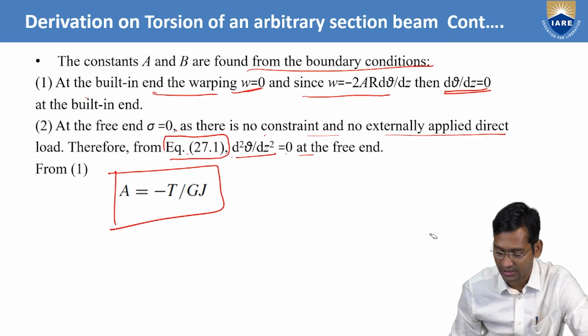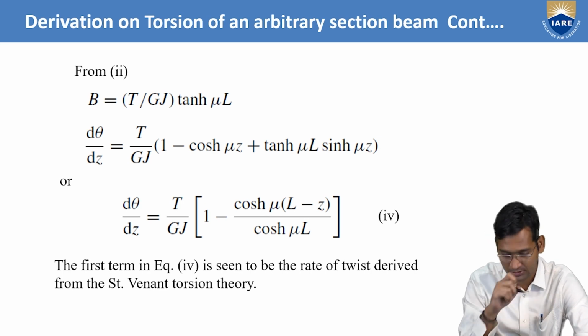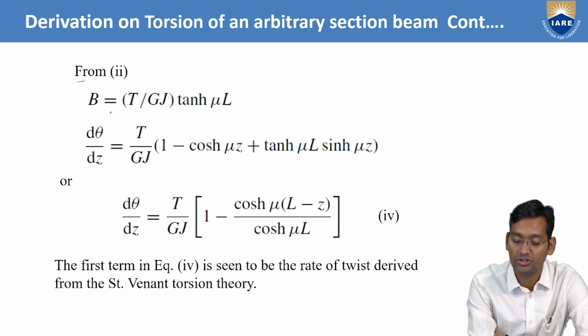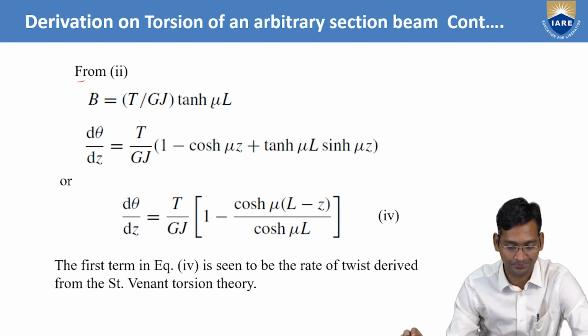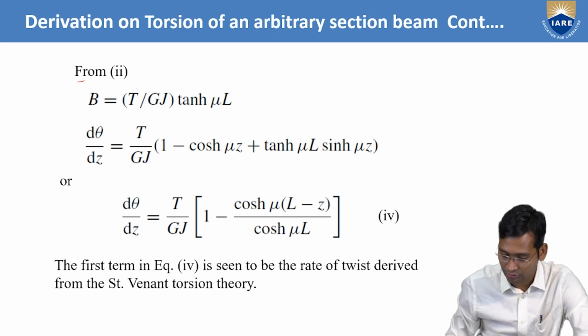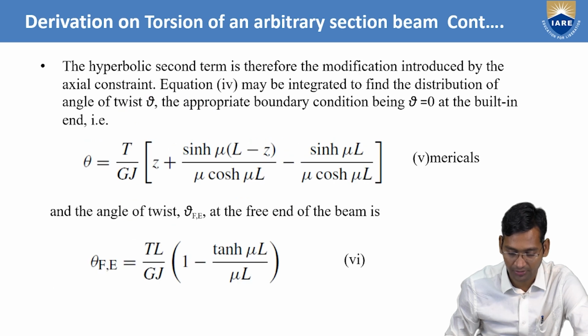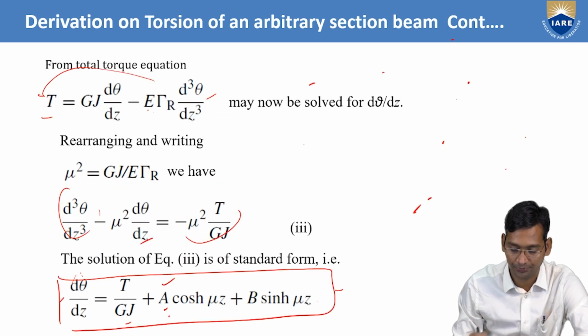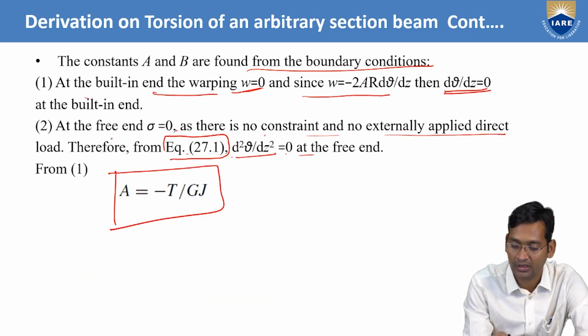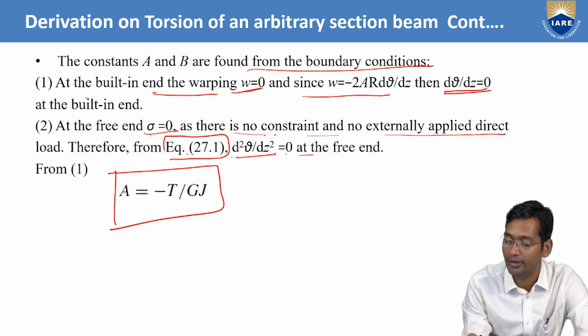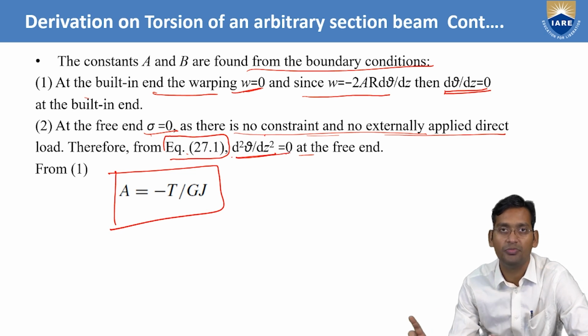Again, another boundary condition we have to apply. From the second condition, B equals T by GJ into tanh mu L. How? Let's see the condition. At the free end, sigma is 0, no constraint, no externally applied load, meaning d2 theta by dz square is 0.